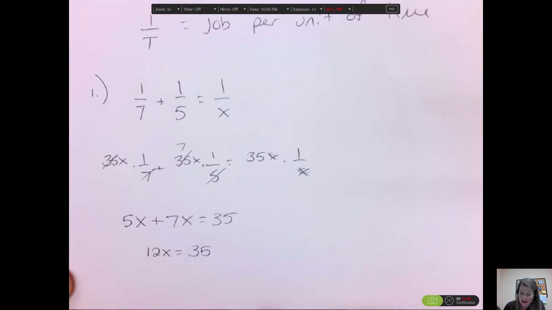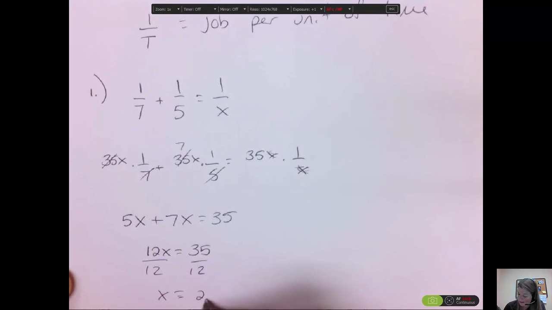Then you divide by 12, and you get a decimal of about 2.9. Double check that: 35 divided by 12, yeah, about 2.9. And so that equals how long it took them together.